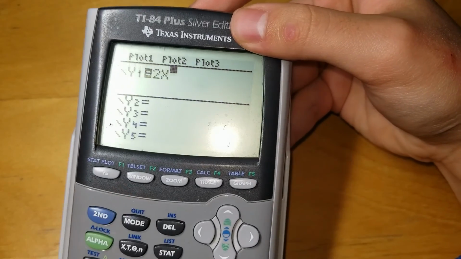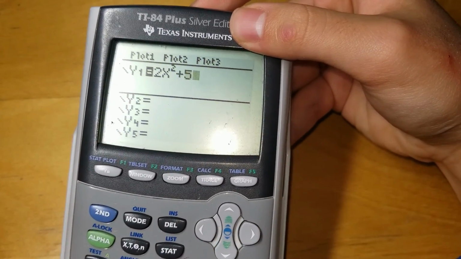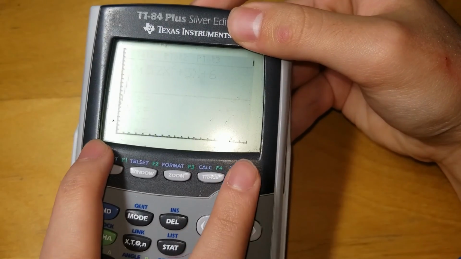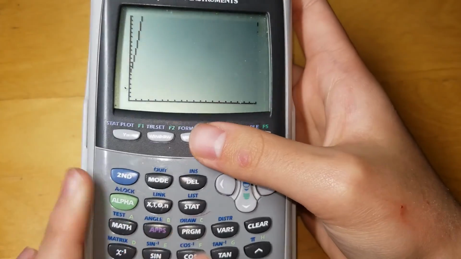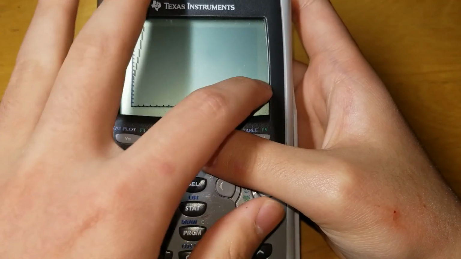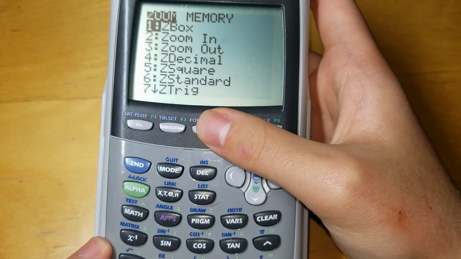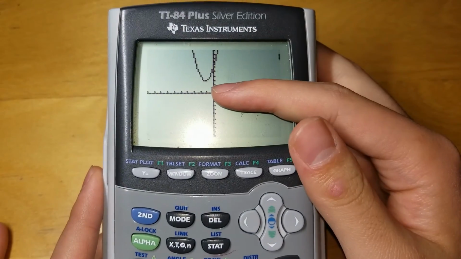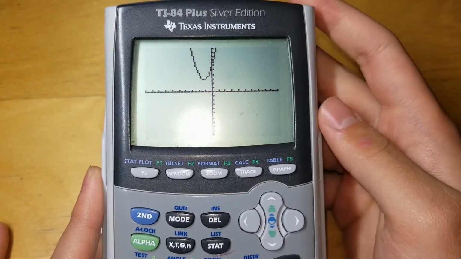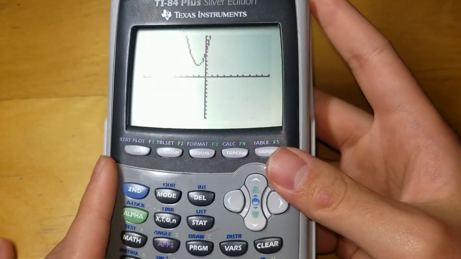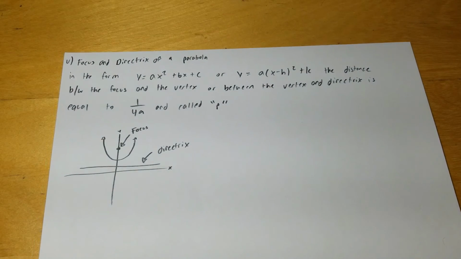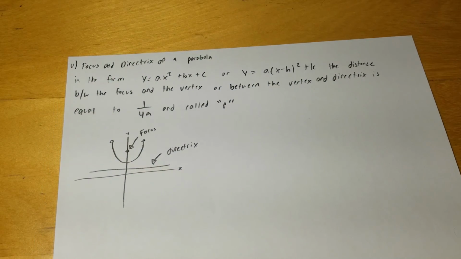So 2x squared plus 5x plus 6, and then if you want to reset the graph, because I had a weird window, you just do zoom and then 6, ZStandard, and there you go, a parabola like that.